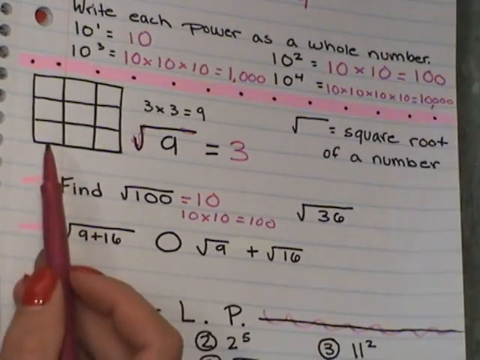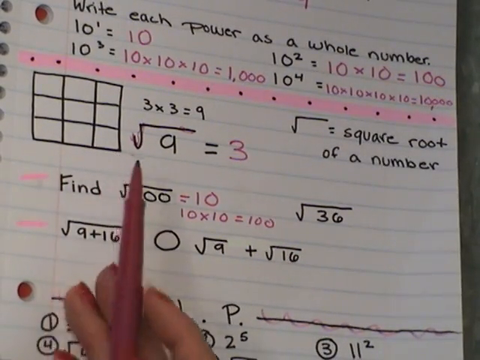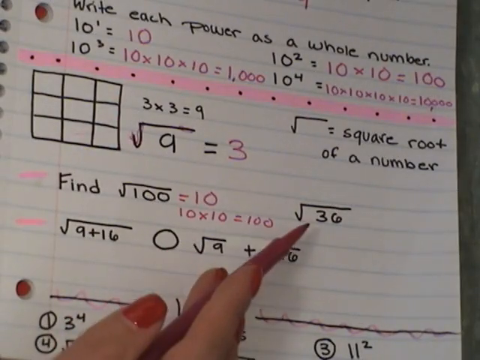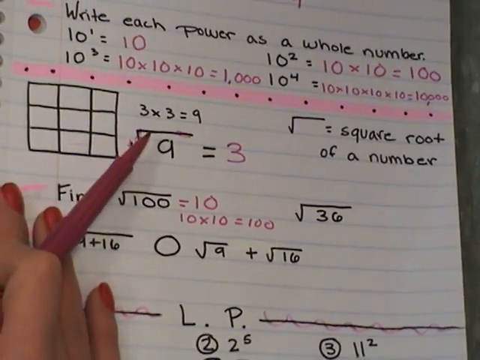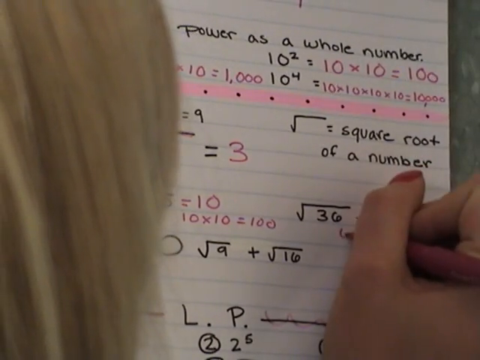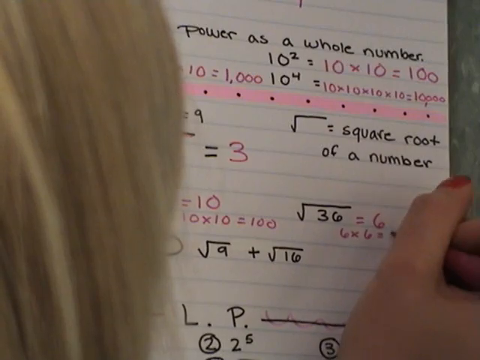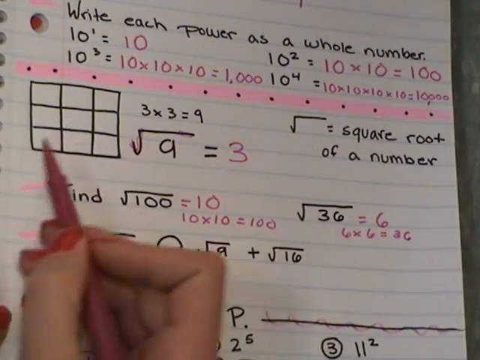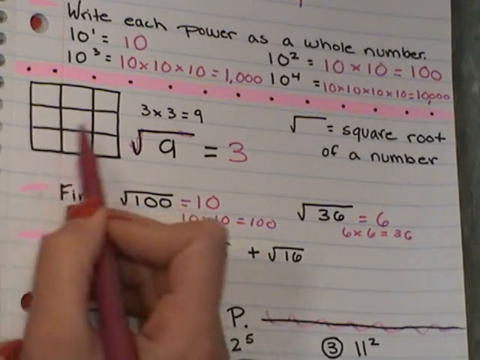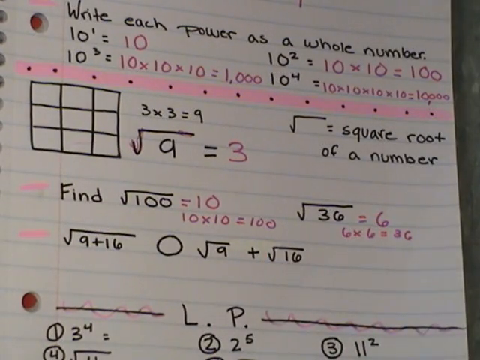Meaning, if this was 10, and this was 10, my area would be 100. So my answer is 10. Now for 36, this would equal 6. Why? Because 6 times 6 equals 36. And same with this. If this was 6 and this was 6, a perfect square, the area would be 36.